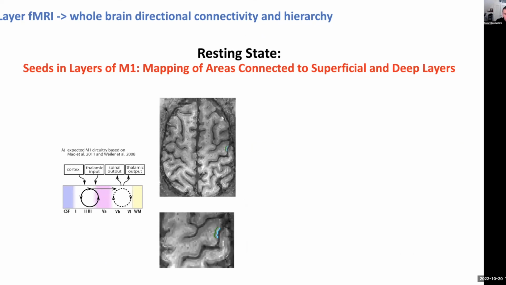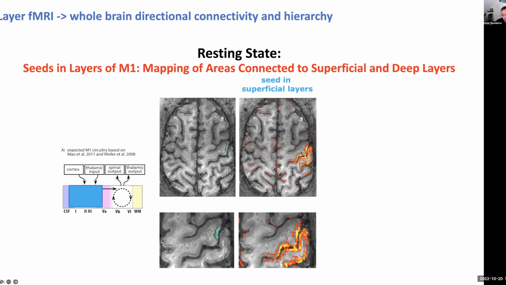And you'll be hearing more about seed voxel approaches, maybe you already have, but if you just look at the data and you take a seed in one area, in this case, in the upper layers of M1, so that's a seed right here, this teal color, and see what's correlated with that, you find that all of sensory cortex seems mostly correlated with that upper layer, which is expected because it receives cortex and thalamic input.